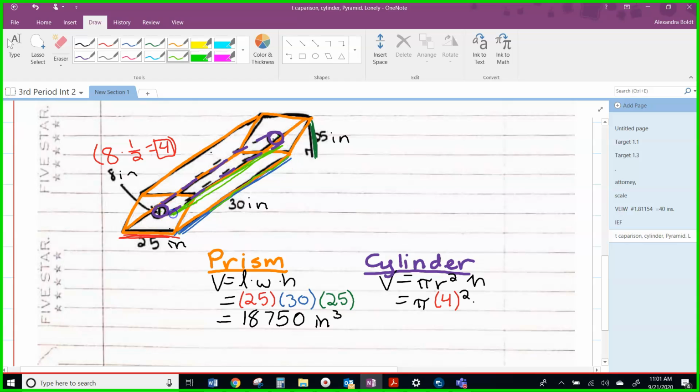So this is the same distance as that 30 inches, because they're both going from the front face of your shape to the back face of your shape. So that distance will be the same no matter which line you choose to take.